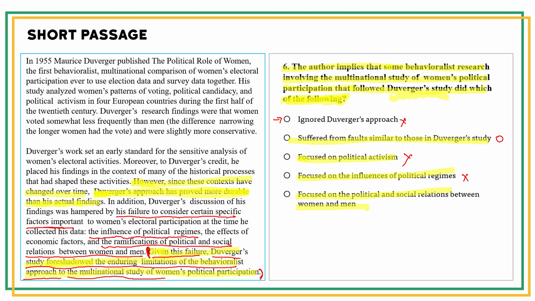So basically, the studies that followed had similar faults. They probably even repeated these, if I were to extend the implication a little. So the passage does not imply that they corrected this and started focusing on the political and social relations between women and men. So option B is the best option, the correct option.